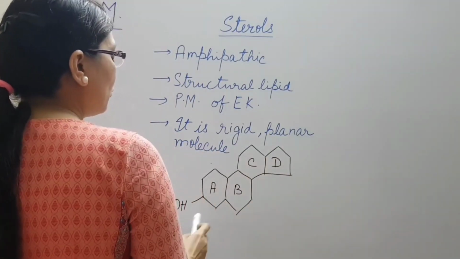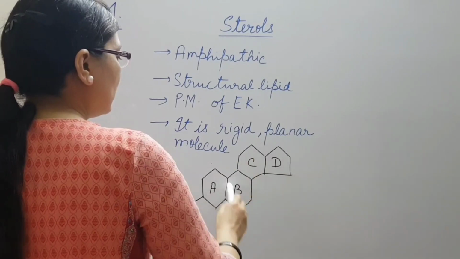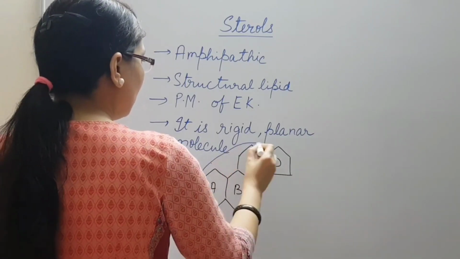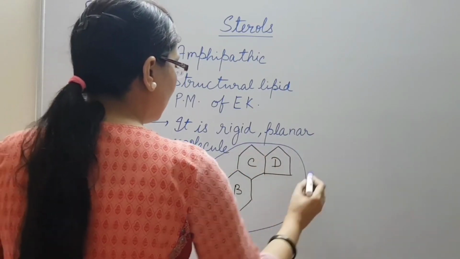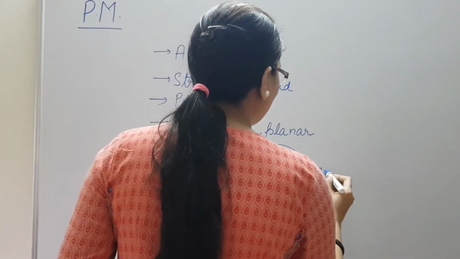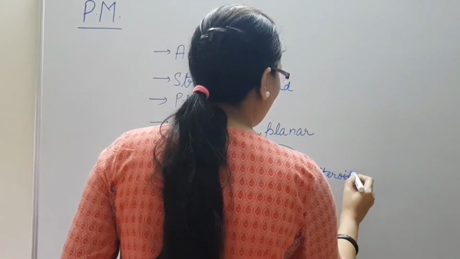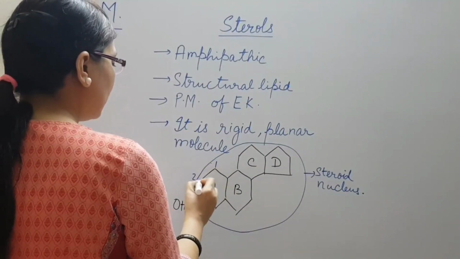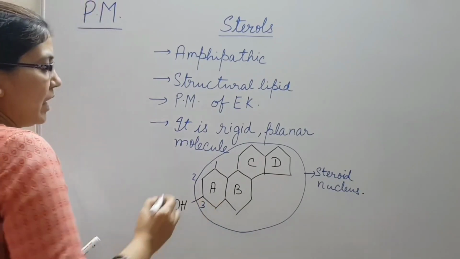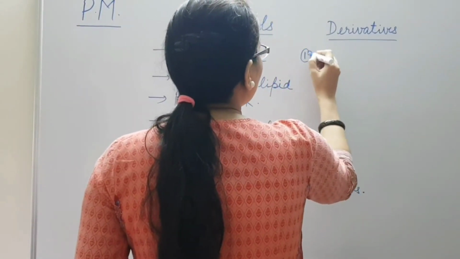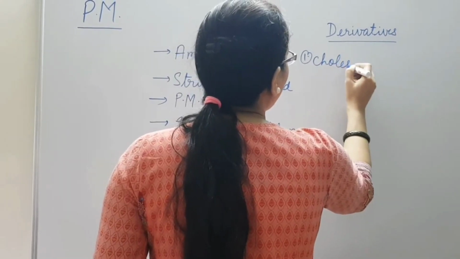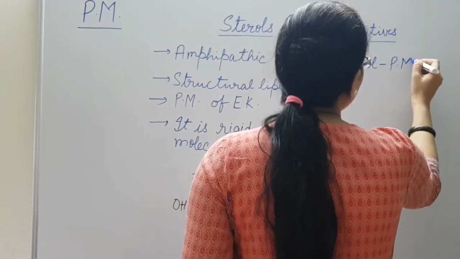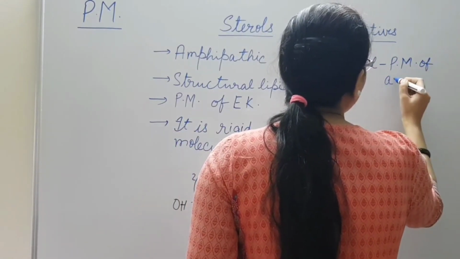It consists of 4 fused rings. Among them, 3 rings are 6 carbon and 1 is 5 carbon. This is known as the steroid nucleus. To the third carbon, a hydroxyl group is attached. Derivatives of sterols present in plasma membrane: first is cholesterol, present in plasma membrane of animals.